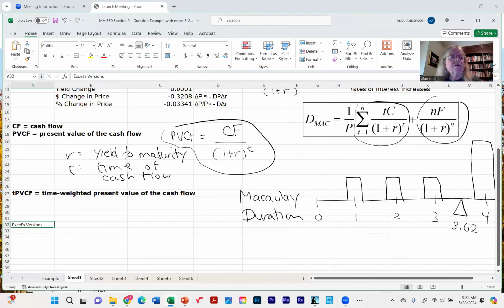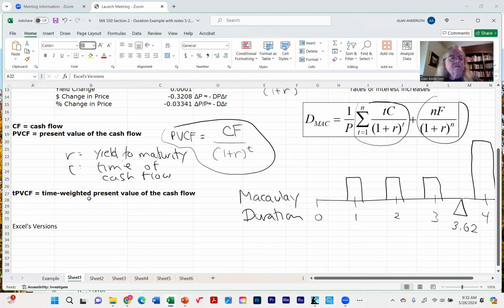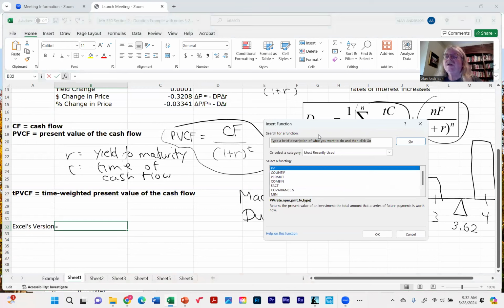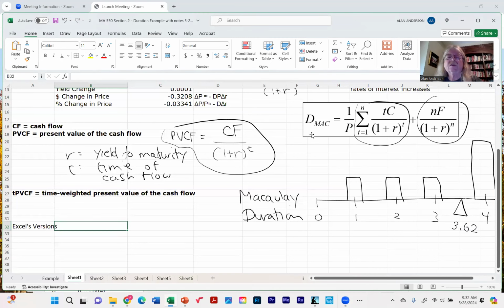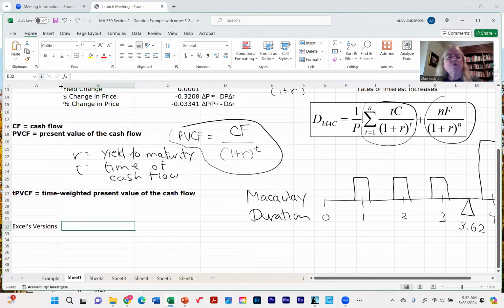Let me just show them to you very quickly. Now here we have to watch it. There's one thing that drives me crazy sometimes with the financial literature. The word duration, when it's used by itself, could in principle be either Macaulay or modified. What I've discovered is that when you see the word duration by itself, most sources use it to indicate Macaulay's duration.